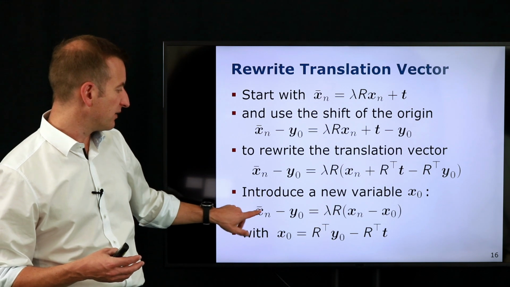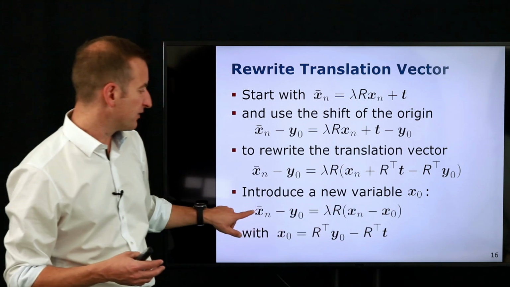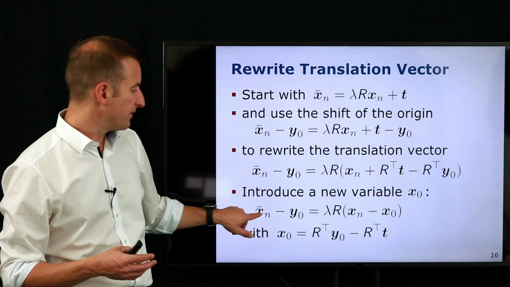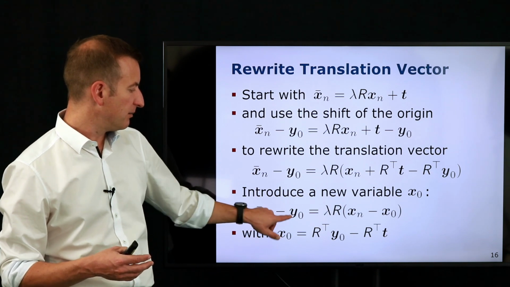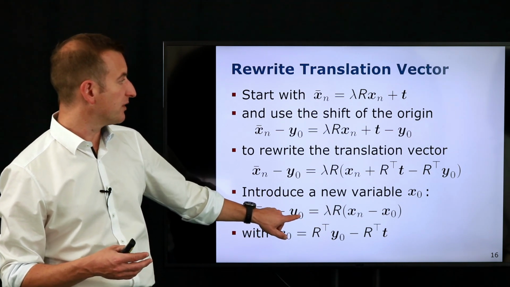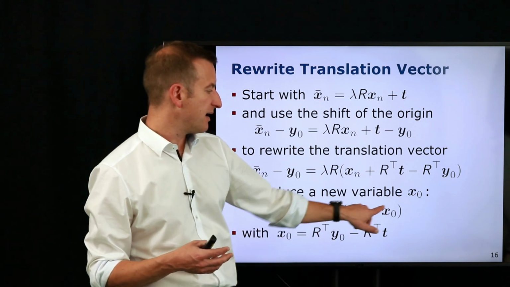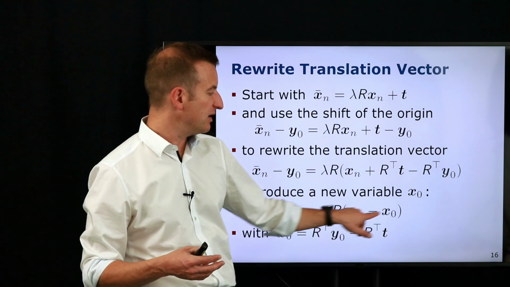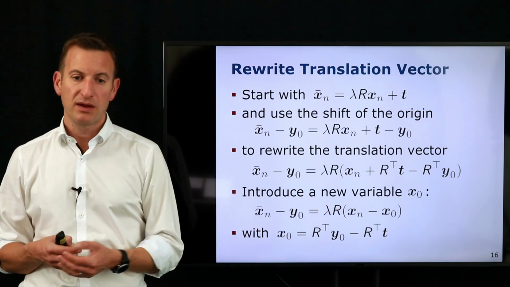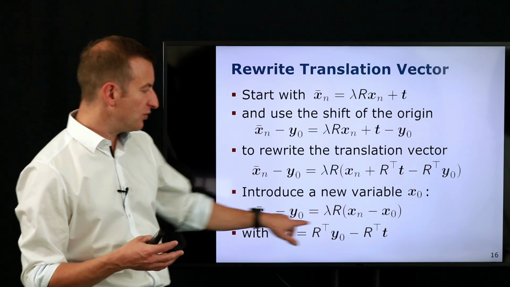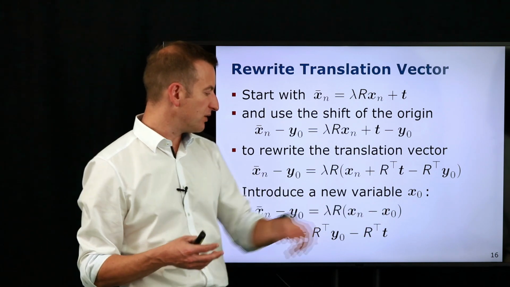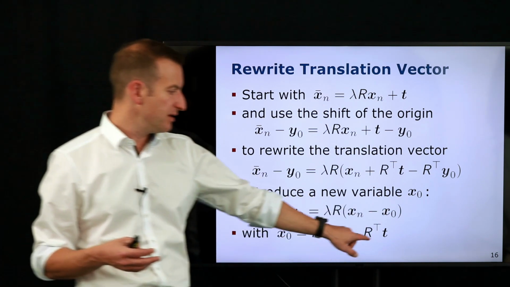And so if I do this, I can simplify this expression over here, xn bar minus y0. So this is the origin defined by the xn's. And I have a second variable which I subtracted here, which now sits inside that bracket. What I've done is introduce a new unknown x0, which replaces the translation vector.